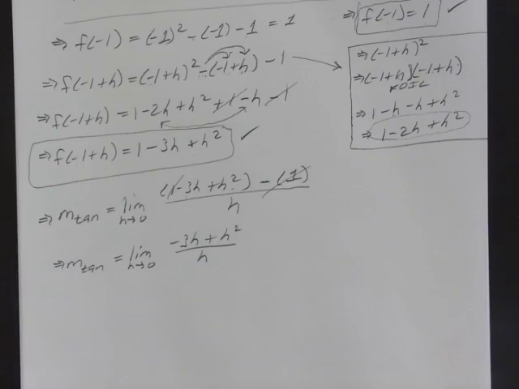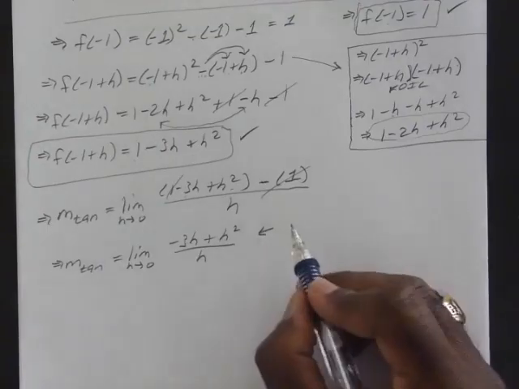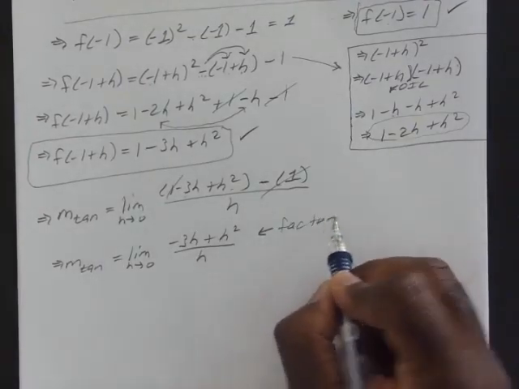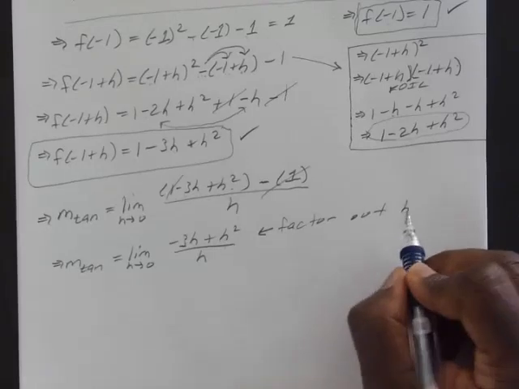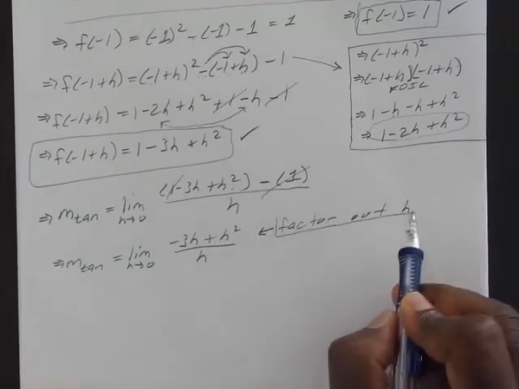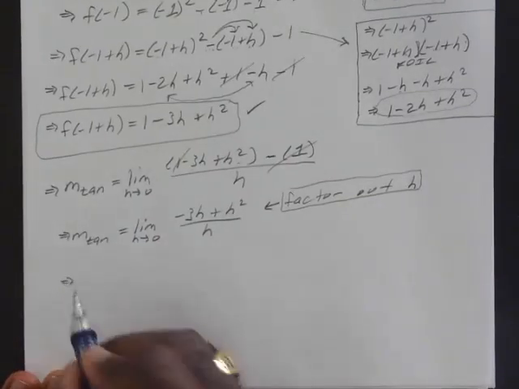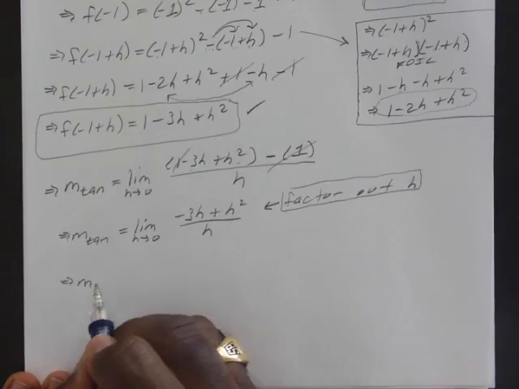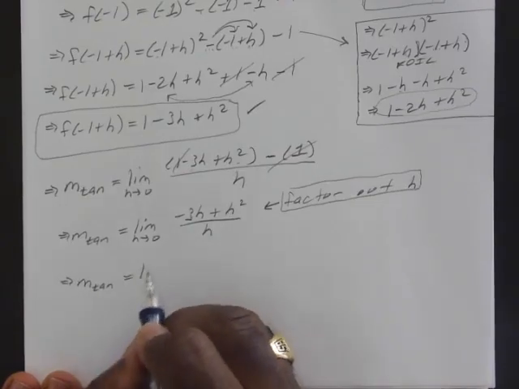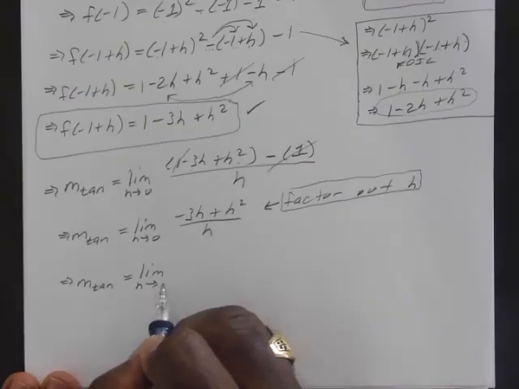Okay, and just like with the difference quotient, you know you did everything correctly if the only terms left up top have factors of h. Because now all we have to do is factor out an h. Our slope of the tangent line is equal to the limit as h approaches 0.